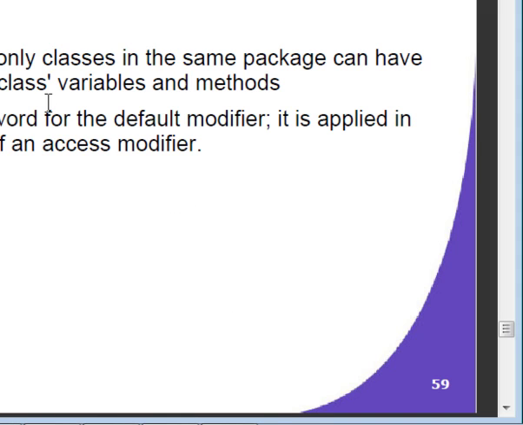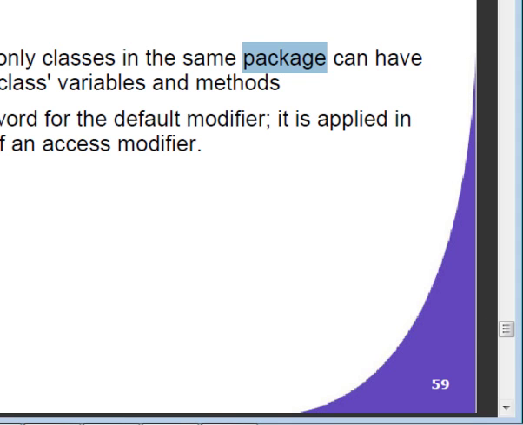Default access means if you don't specify any of those three modifiers, meaning you don't specify public, private, or protected, then it is default access. Default access is pretty straightforward. It can be accessed only by classes in the same package. Again, a package is a collection of classes in a tree structure.